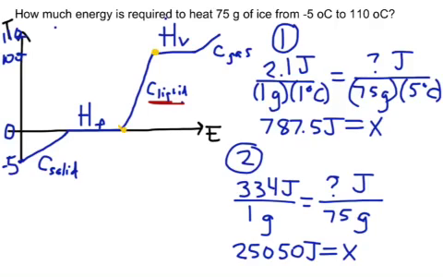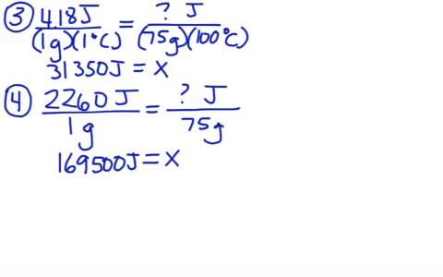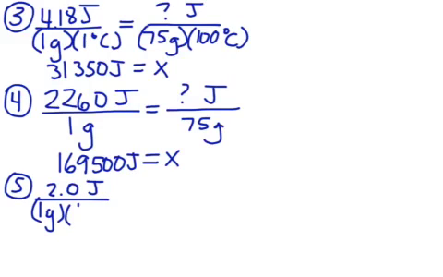Finally, the last step: we still have to go up 10 more degrees to complete the story in the problem. So we're going to go from 100 degrees up to 110 degrees, which is a temperature change of 10. You notice I'm not using the whole 115 degree temperature change in every step. I just use the temperature change in that step. So for this one, it's just 10 degrees. The heat capacity for gaseous water is 2 joules for every 1 gram to go up 1 degree Celsius.